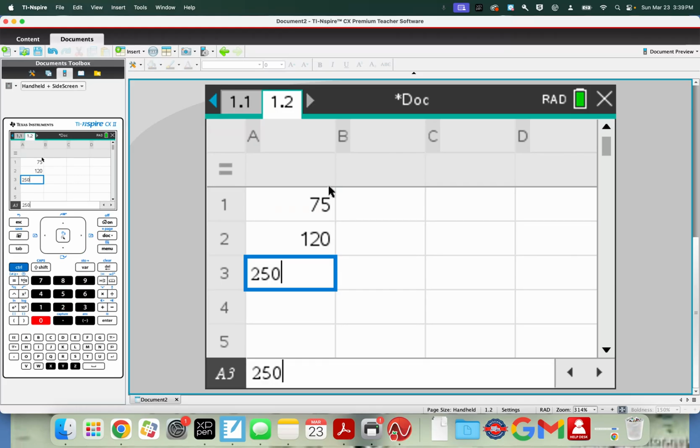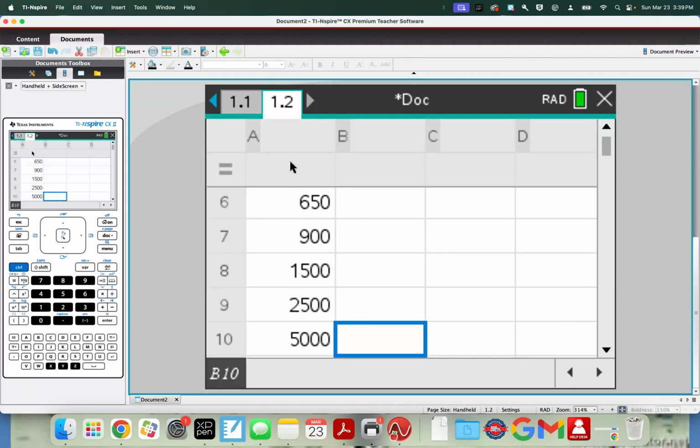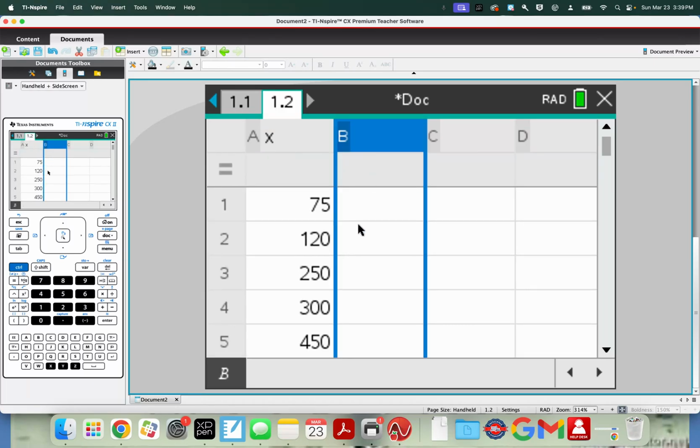Again, just follow along. 300, 450, 650, 900, 1500, 2500, and 5000. And then we're going to call that our input, our X. And then the Y values starting at 75.